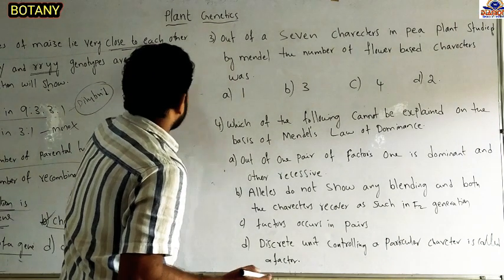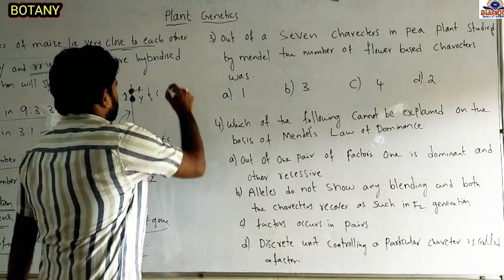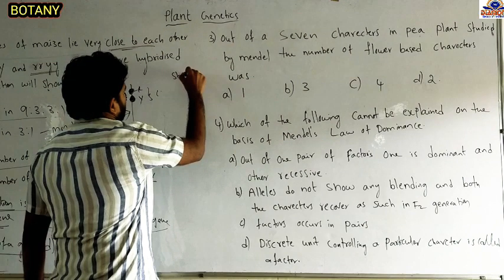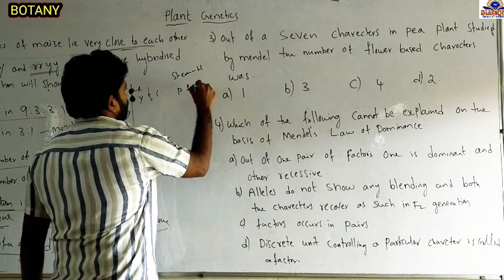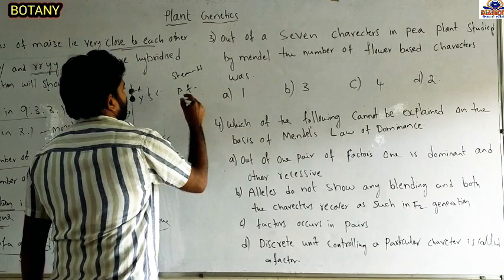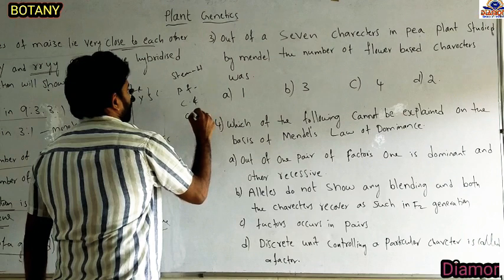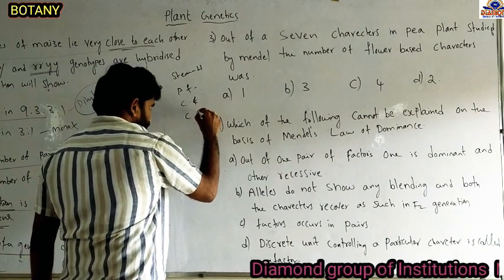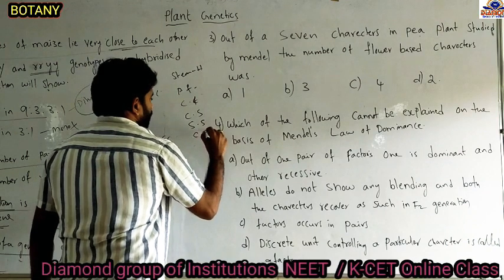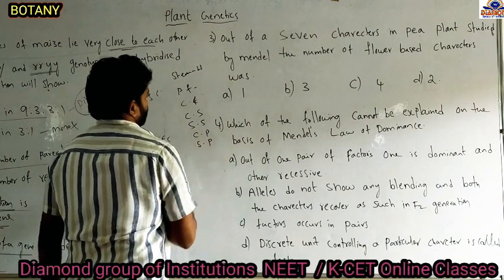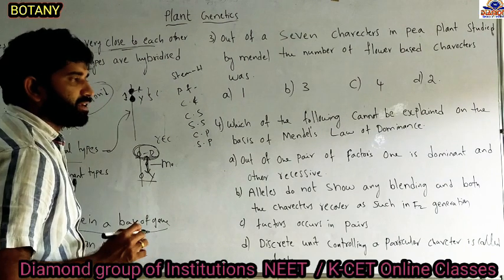Those are stem height, position of flower, color of the flower, color of the seed, shape of the seed, color of the pod, and shape of the pod.